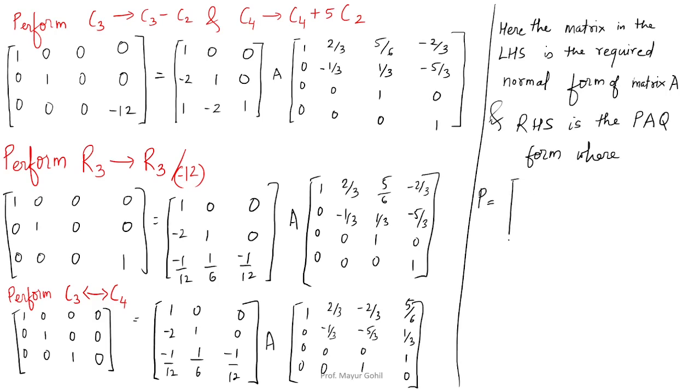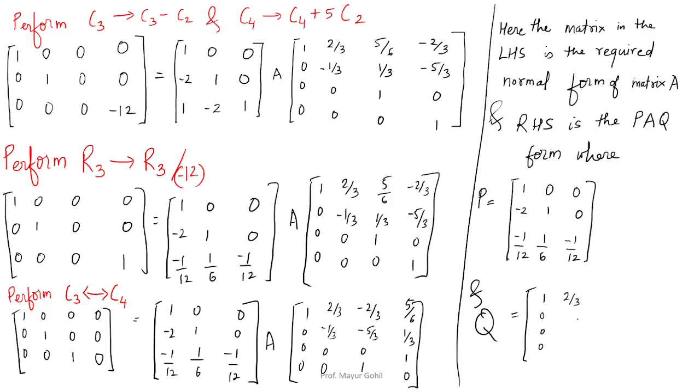P is equal to this first matrix. So 1 minus 2 minus 1 by 12, 0 1 1 by 6, 0 0 minus 1 by 12, and Q is 1 0 0 0, 2 by 3 minus 1 by 3 0 0, minus 2 by 3 minus 5 by 3 0 1, 5 by 6, 1 by 3, 1 and 0.